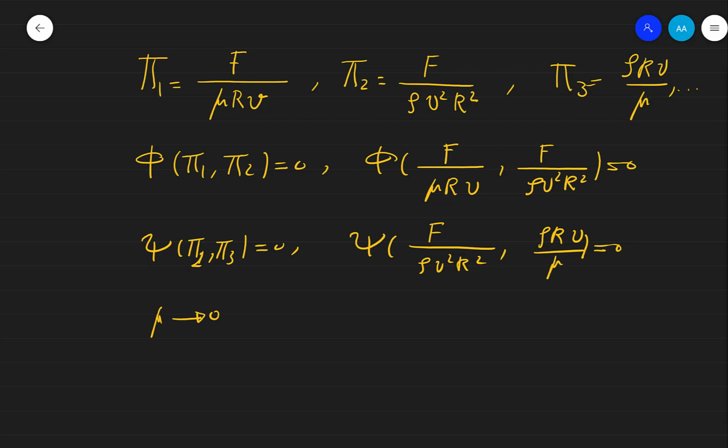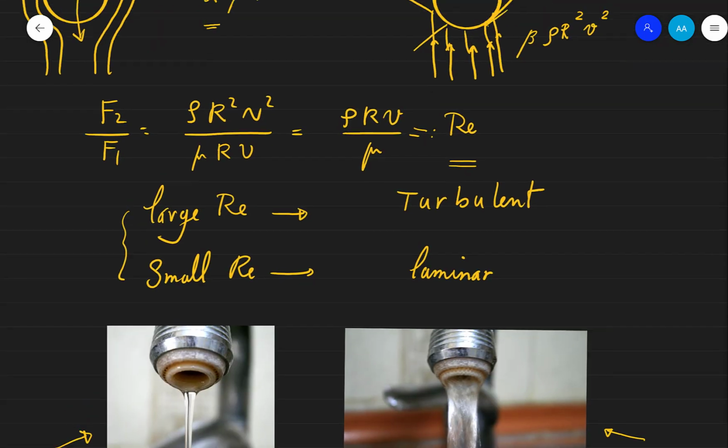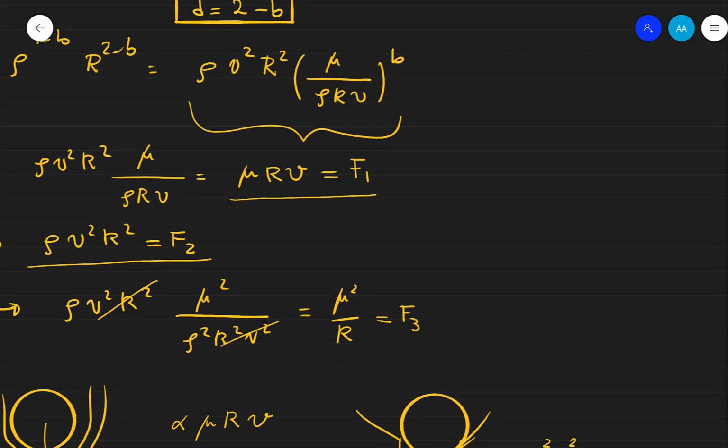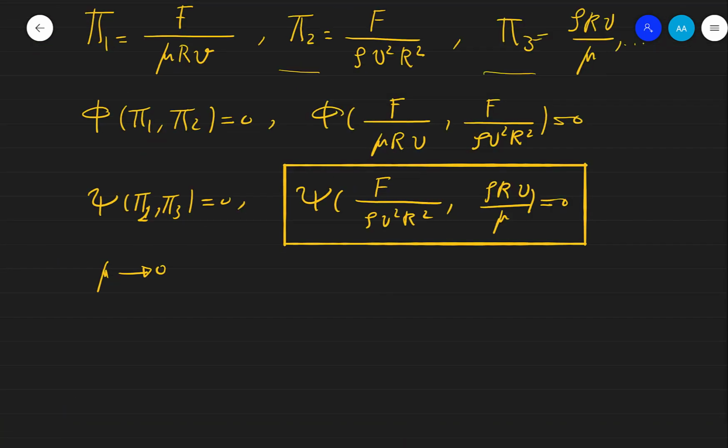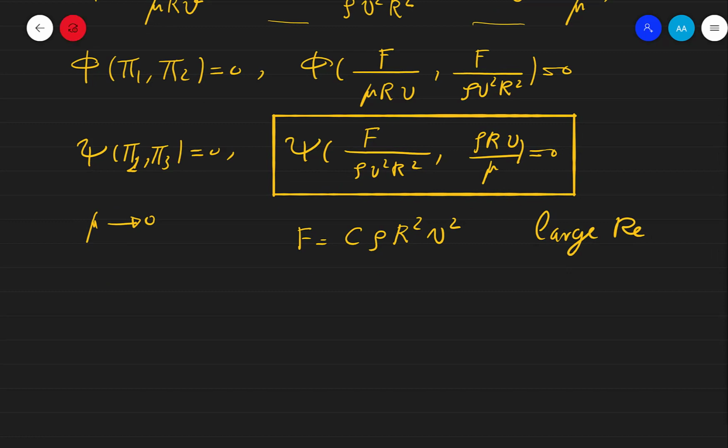Then in this case, F1, which we have chosen to be mu RV, is irrelevant. F is F2, and it's rho R squared V squared, in inviscid flow and in large Reynolds number. As it is seen here, F depends on the fluid density, the characteristic area, and V squared.